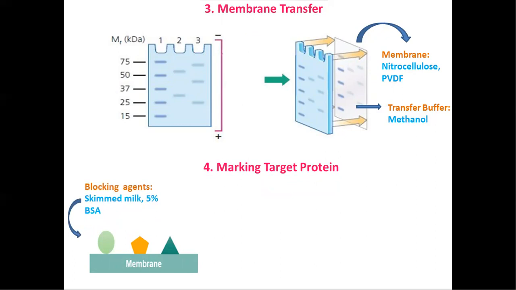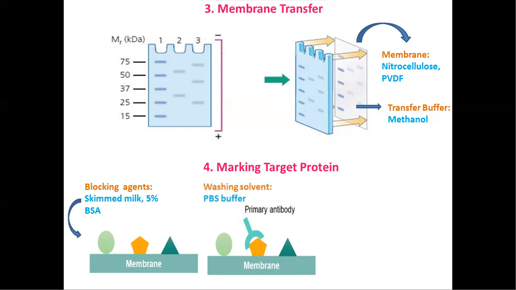Here we use skimmed milk or 5% BSA, that is bovine serum albumin, as blocking agents. Then we introduce primary antibodies which bind with target antigens. Now we incubate the membrane to form the antigen-antibody complex and wash the membrane with PBS, that is phosphate buffered saline, as the washing solvent.